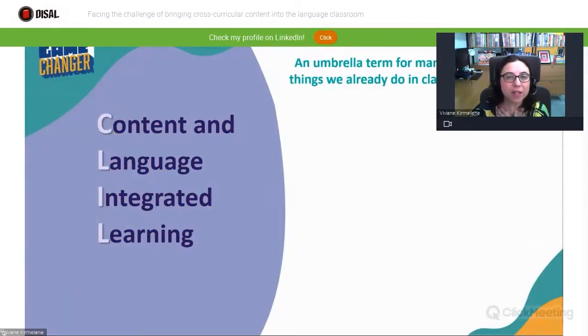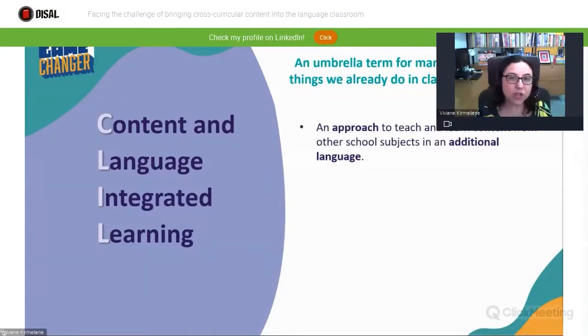So still talking about CLIL, giving a definition. I know it's content and language integrated learning, but in terms of approach, it is an umbrella term for many things that, as I told you before, we already do in class. So it's a way to teach and learn content from other subjects in an additional language. In the context that we are working with right now, it's English.